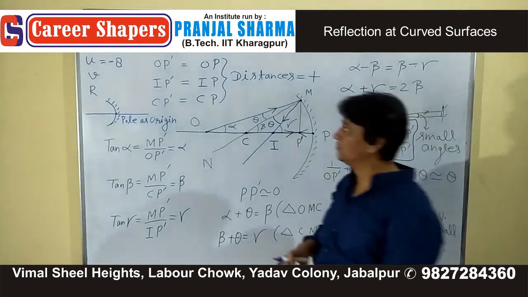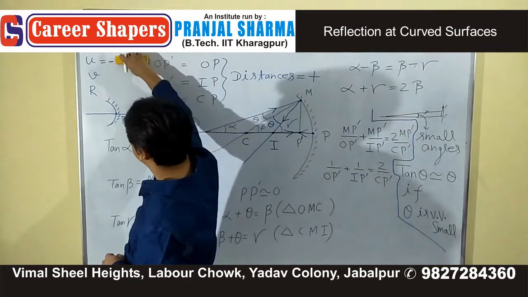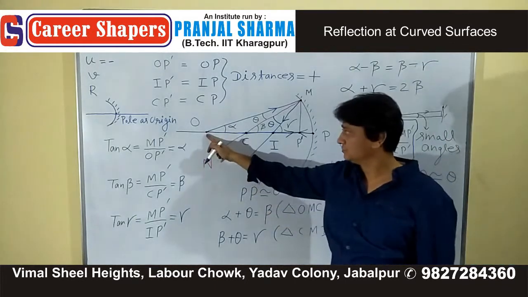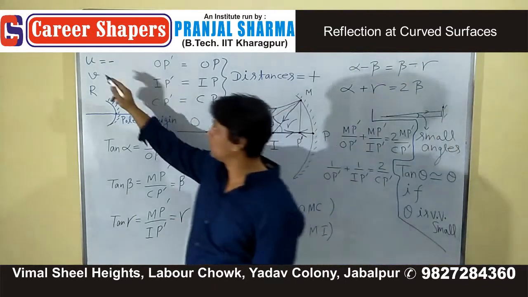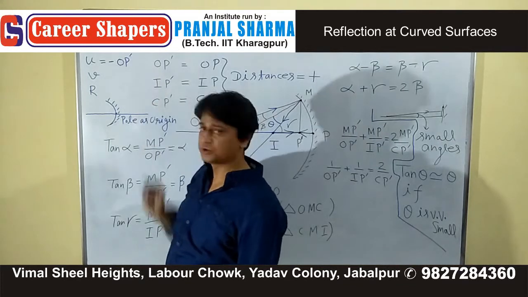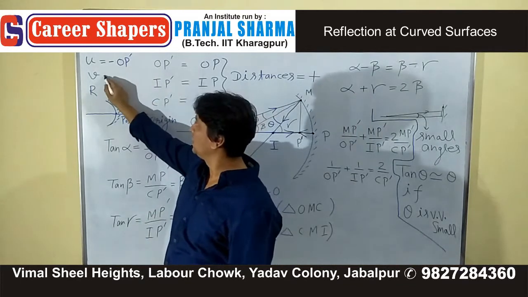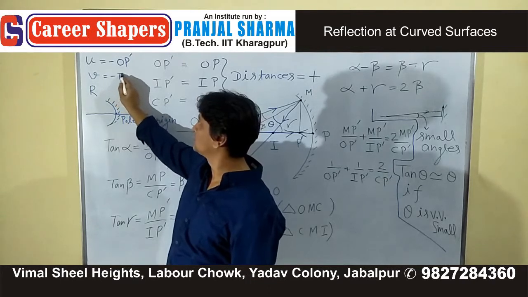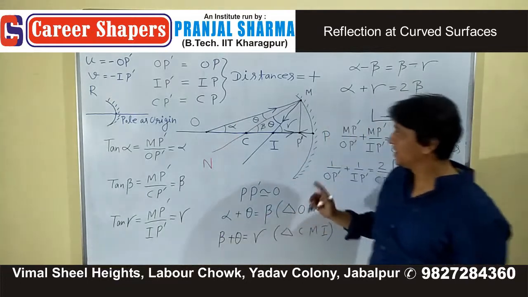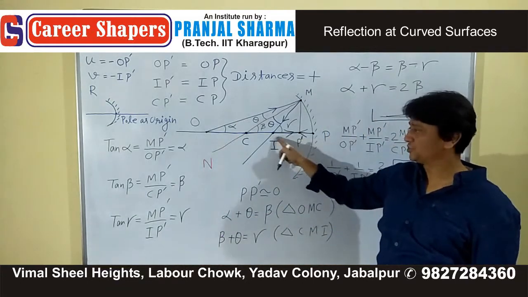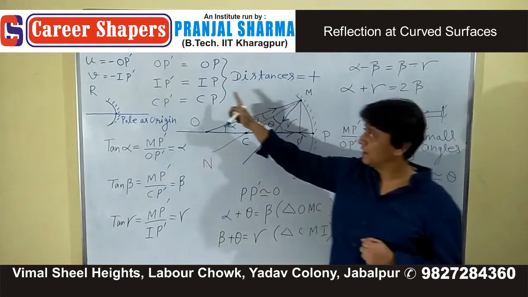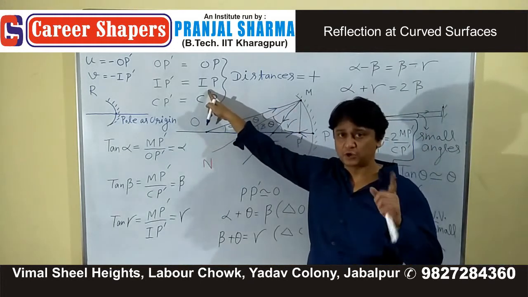For this setup, this 8 is nothing but OP dash, and therefore U becomes minus of OP dash. V similarly becomes minus of IP dash. If IP dash is 3 centimeters, then right here you will write 3.